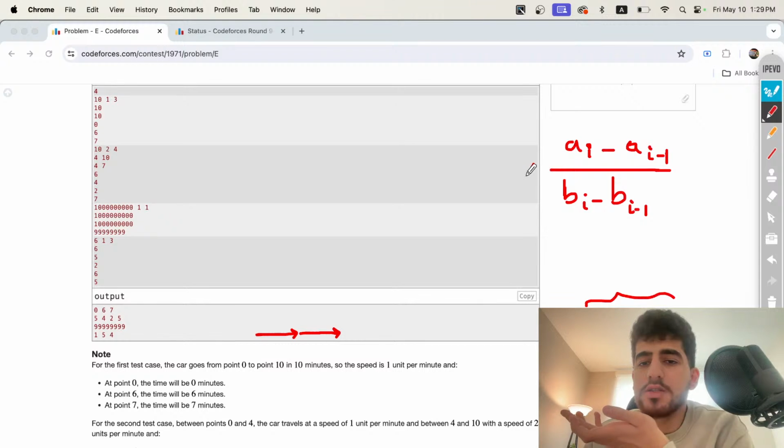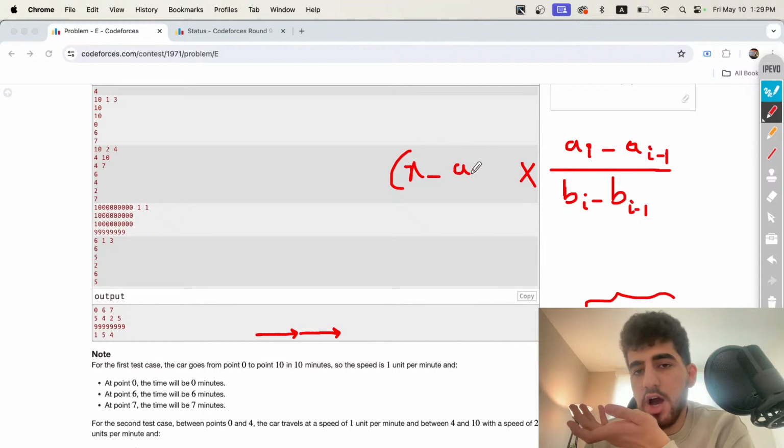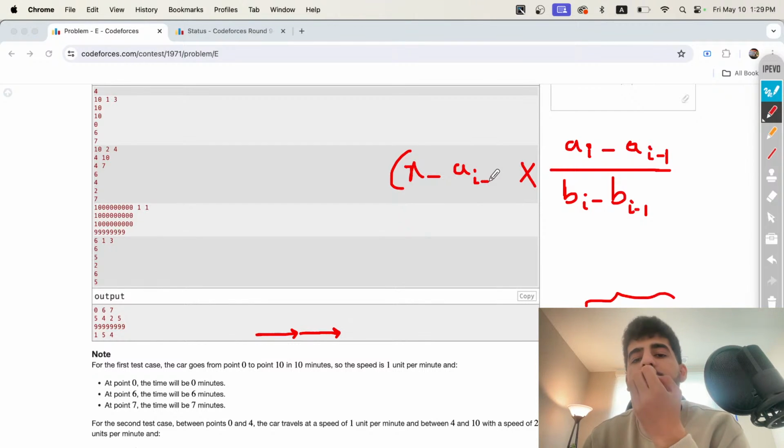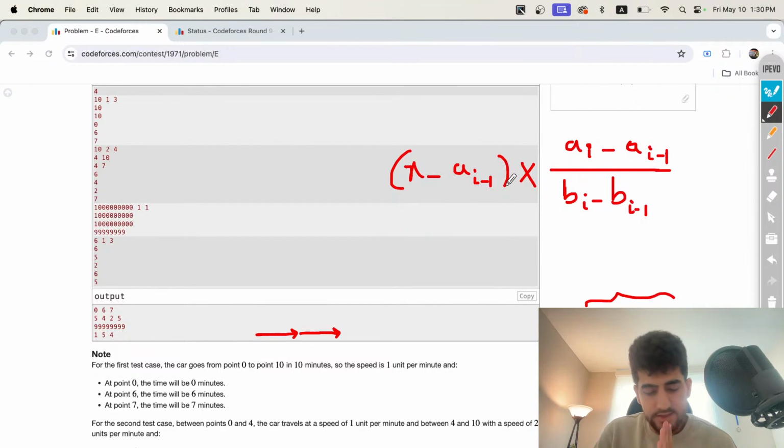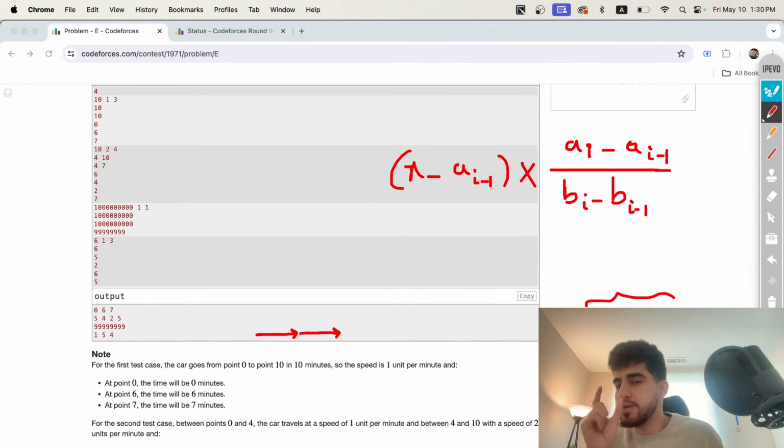If I multiply it by x minus a of I minus 1, I will know exactly the time that I will reach x, right? So we just need to find out the speed first. I'm saying it would be a constant speed.